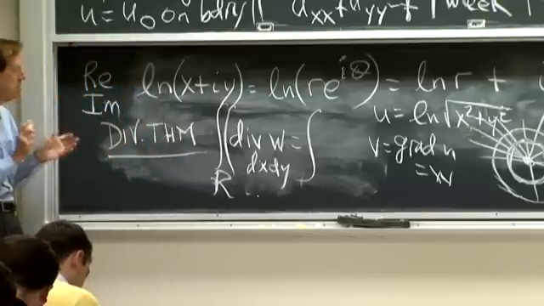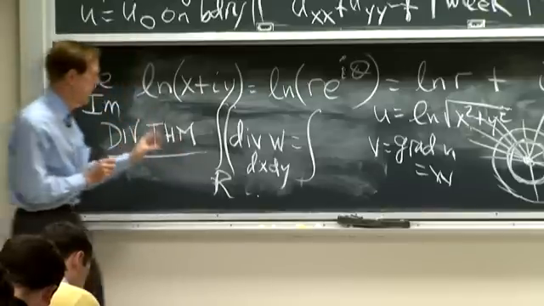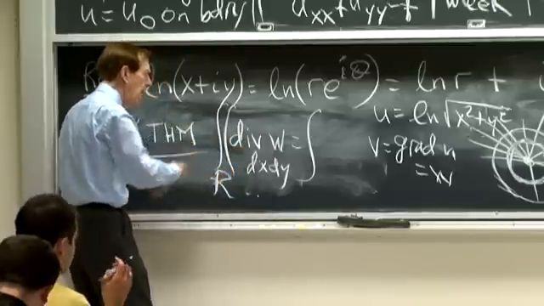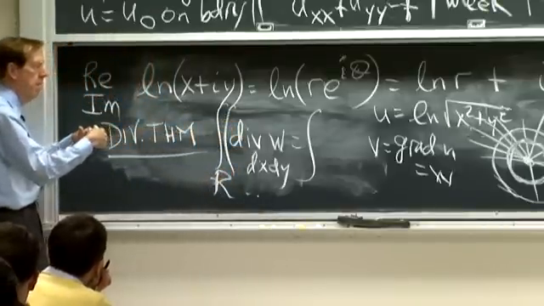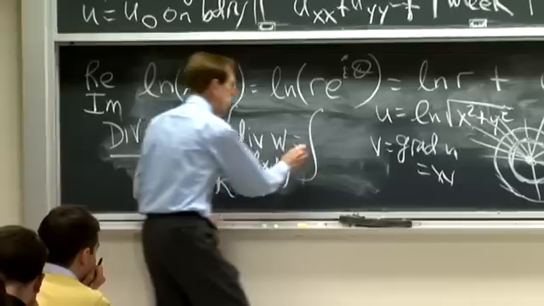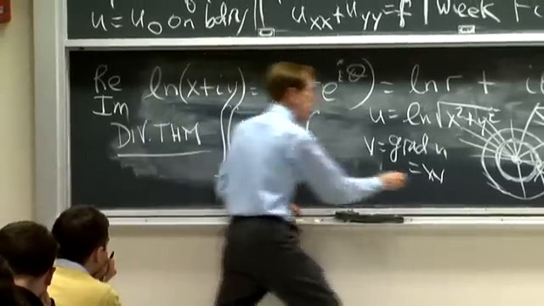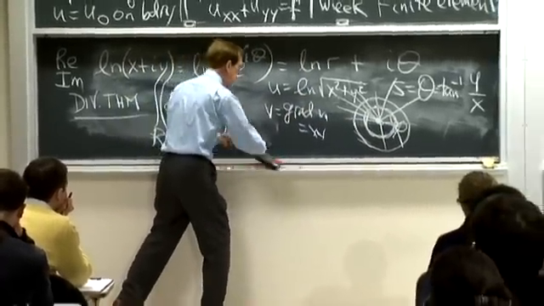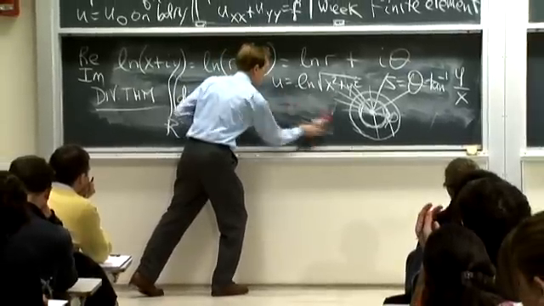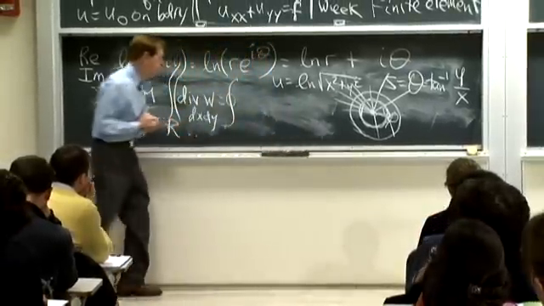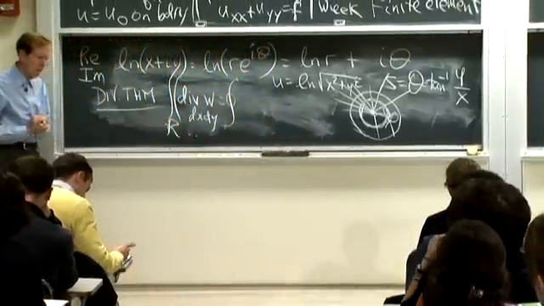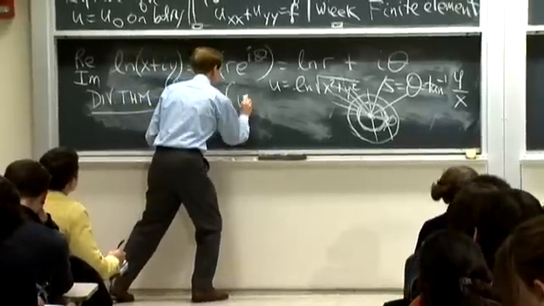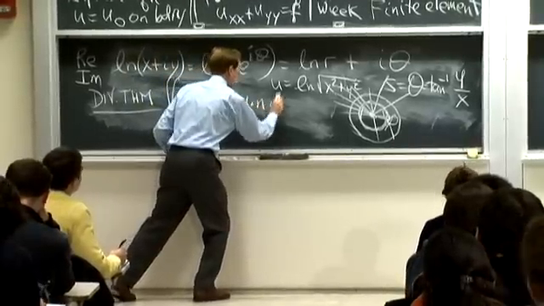Fundamentally, more than just a key identity, it's central here. The total flow out of the region must make it through the boundary. So I integrate this boundary, and this boundary is a circle of radius r. And what do I integrate along that circle? What's the other side of the divergence theorem? W dot n. W dot n around the boundary.